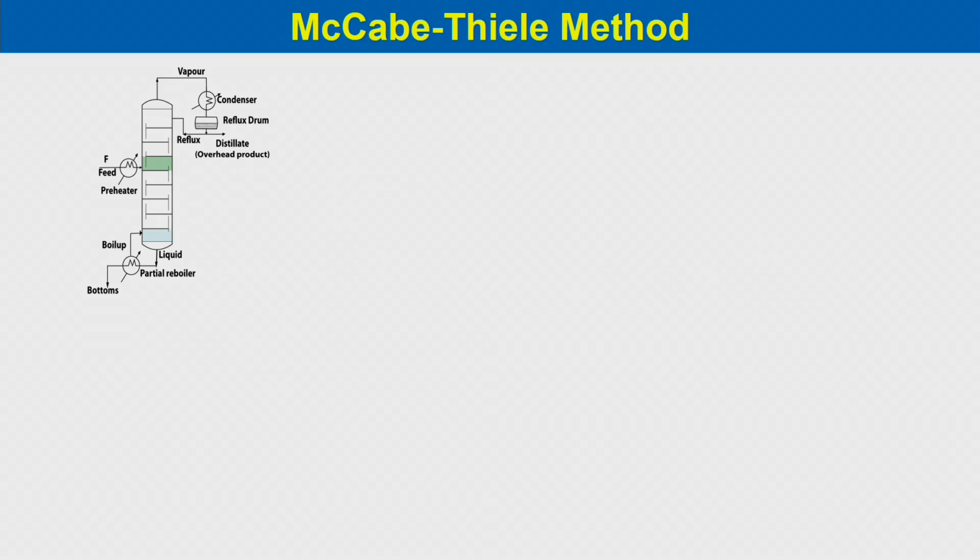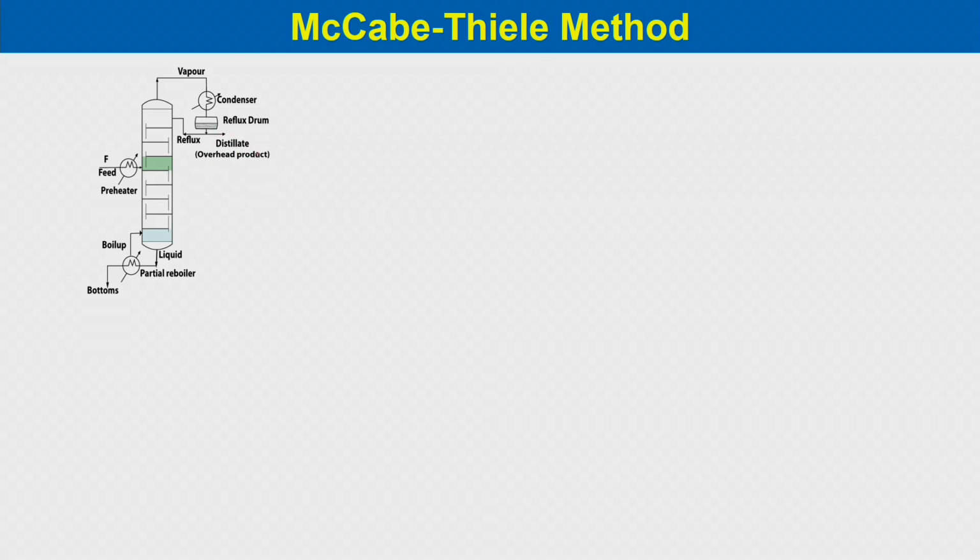So, this is a typical fractionator or distillation column where feed enters at a certain location or certain tray, and then the vapor goes off and condenses, and is taken to the reflux drum.